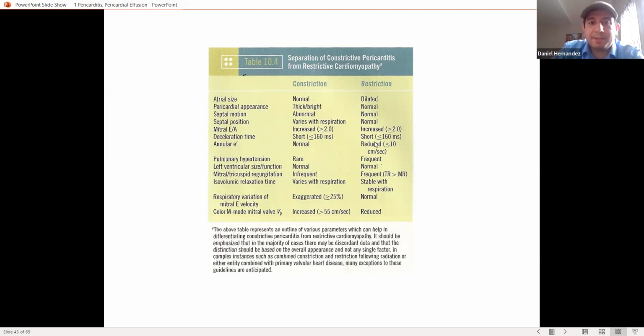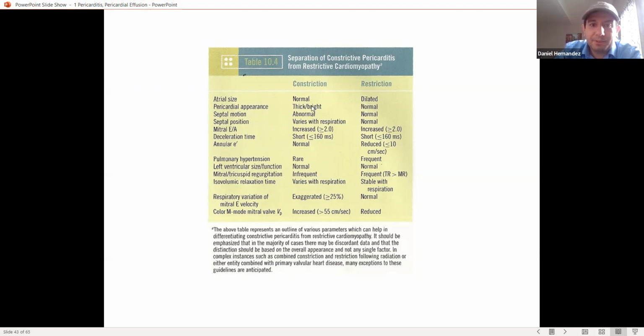This chart just breaks down the differences between constrictive pericarditis versus restrictive cardiomyopathy. Atrial size for constrictive pericarditis could appear normal to mildly dilated, whereas with restrictive cardiomyopathy, the telltale sign is biatrial enlargement.